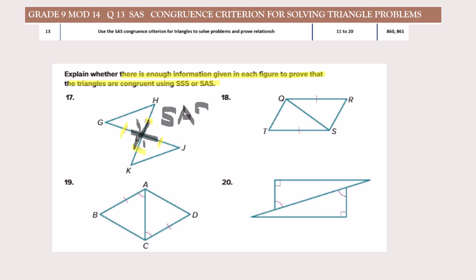Remember, the angle has to always be included. If we look at number 18, we have two sides which are congruent, and we have the reflexive side here, but I cannot find another reason which we can use to determine whether this is congruent or not.